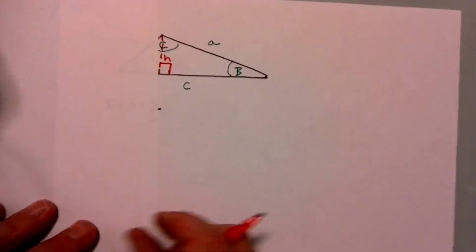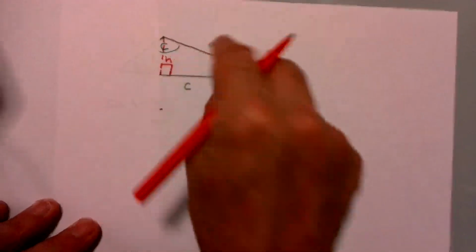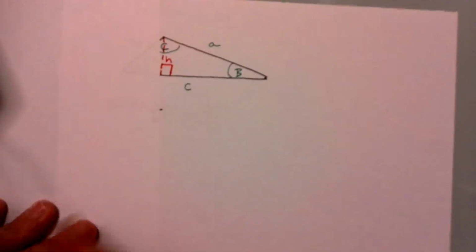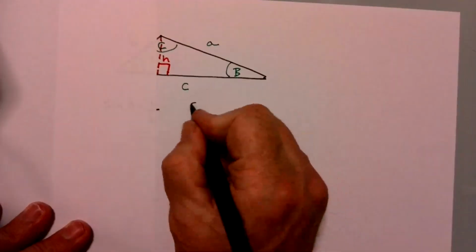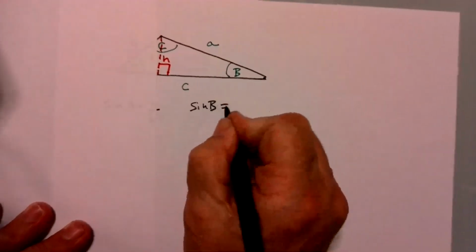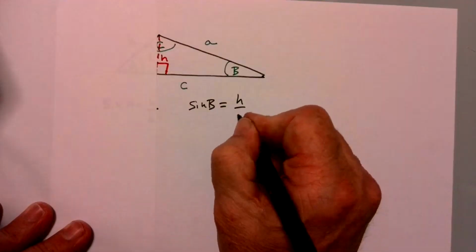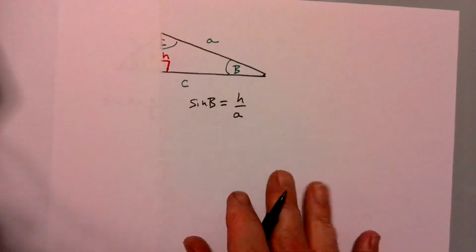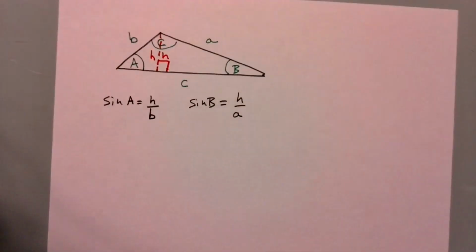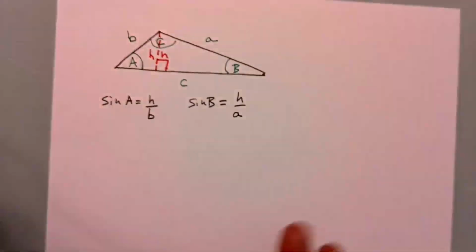what can I say? Sine of B is opposite over hypotenuse. So the sine of angle B, opposite is H. Hypotenuse is A. Okay, well, where to go next with this?